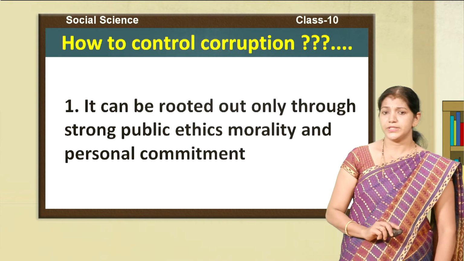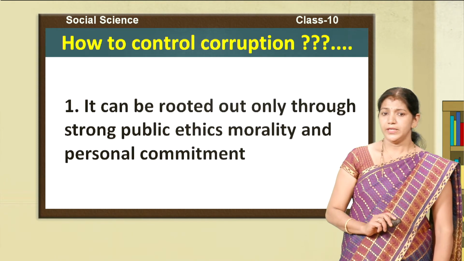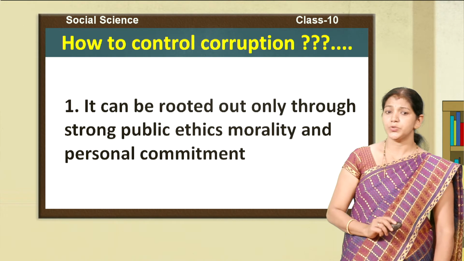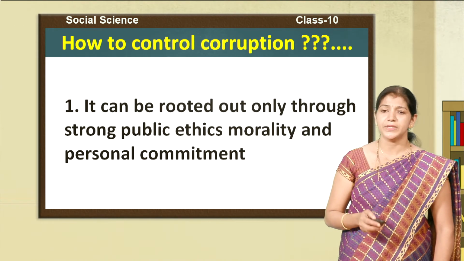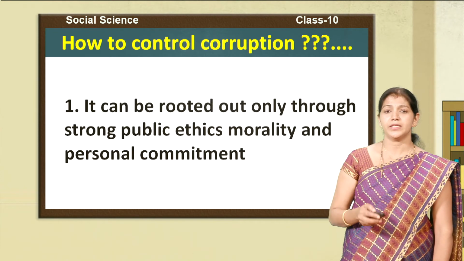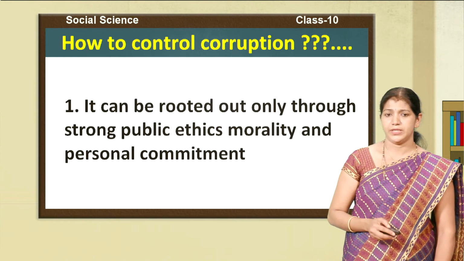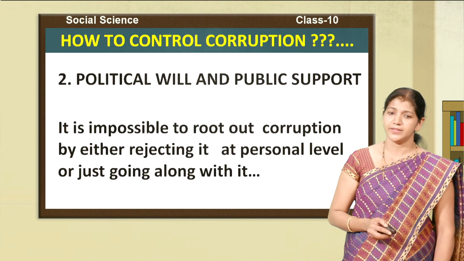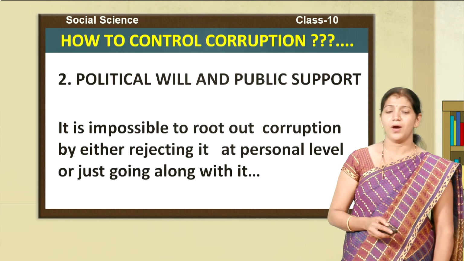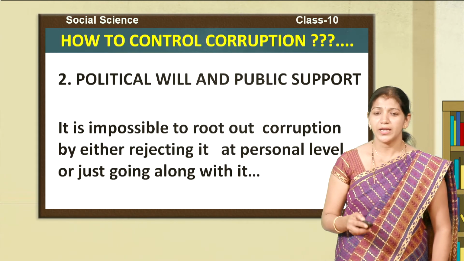How to control this corruption? It can be rooted out only through strong public ethics, morality and personal commitment, which reduce corrupt activities in society. It is impossible to root out corruption either by rejecting it at the personal level or just going along with it.